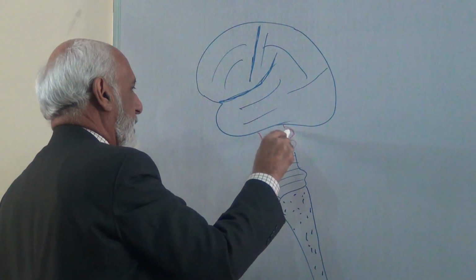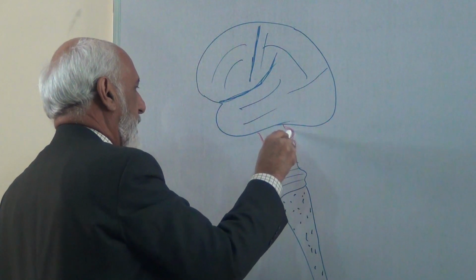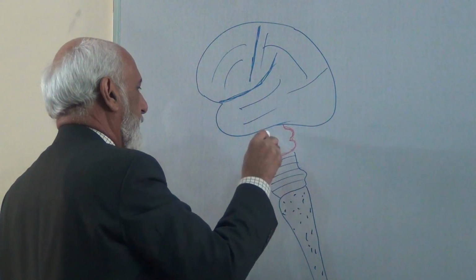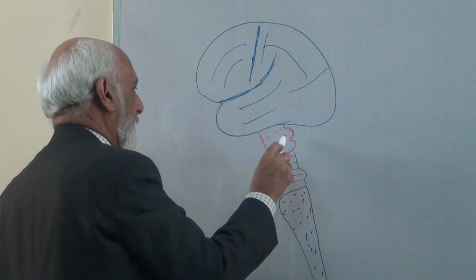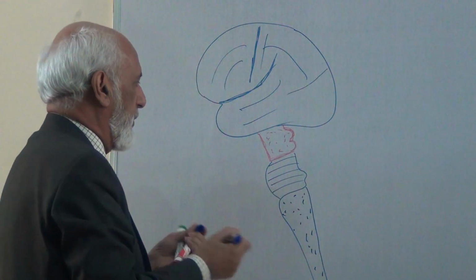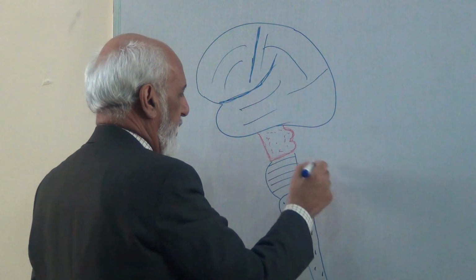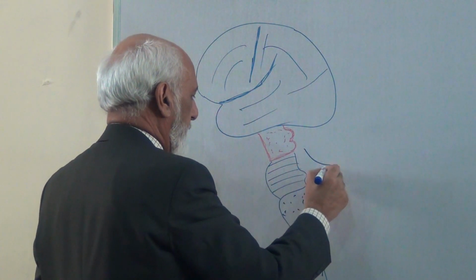This is the midbrain or mesencephalon. Lateral view. Behind the pons and medulla oblongata is the cerebellum.